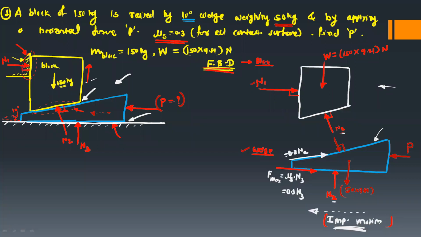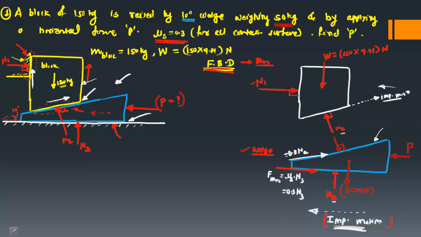But this block, for this contact surface, will slide in this direction relative to the wedge. And this contact surface, it will slide in this direction. So for this contact surface, its impending motion will be like this. Actually we are considering the relative motion. So this is the impending motion.